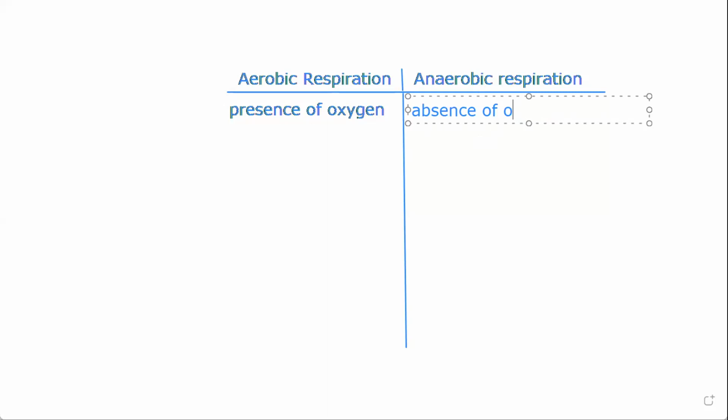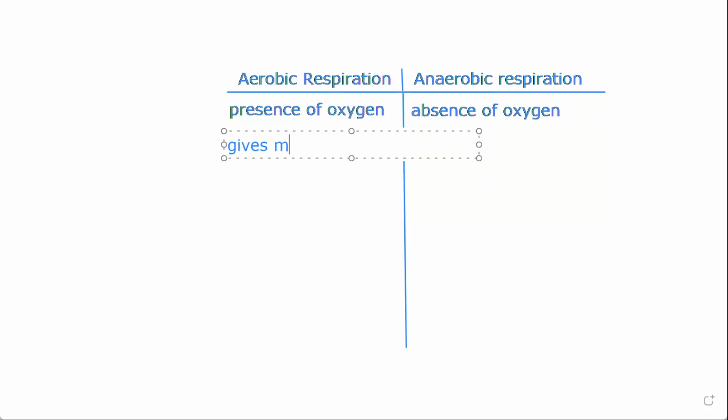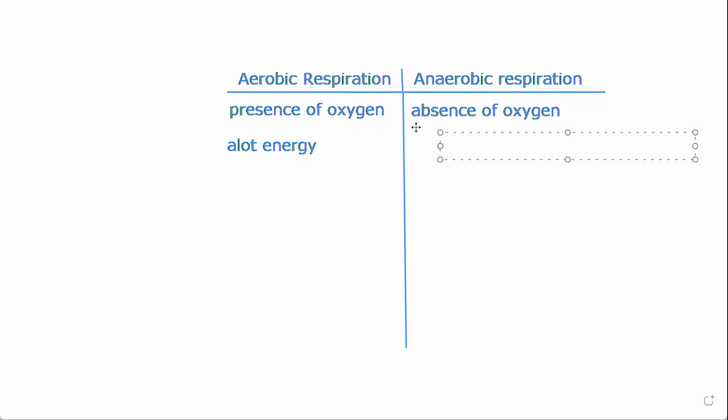You don't need to know all of that, but I want to tell you that aerobic respiration gives a lot of energy, so much energy, which helps your body to do more work. But anaerobic produces little energy.